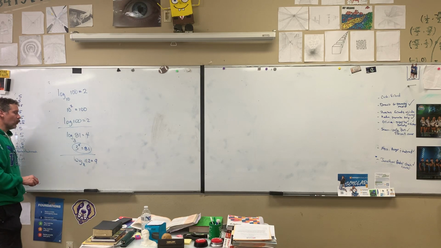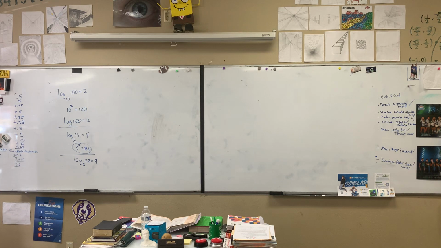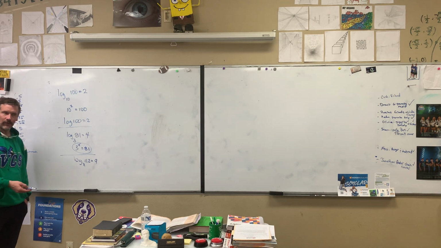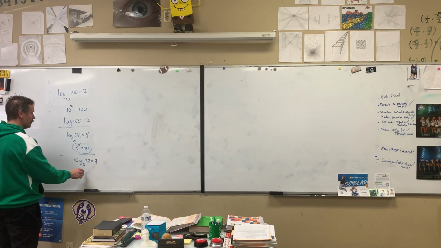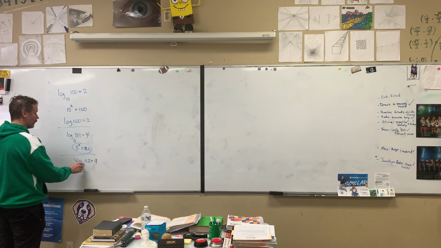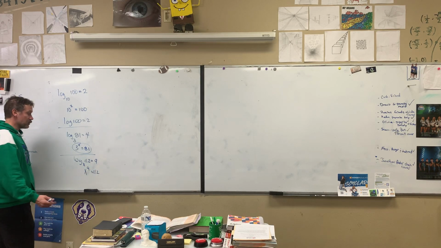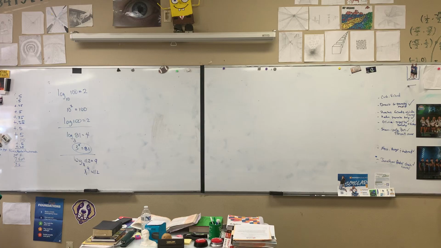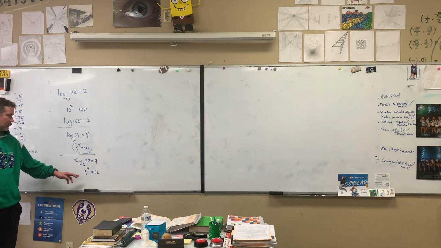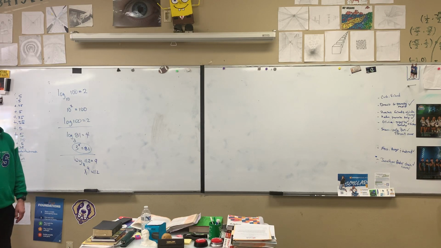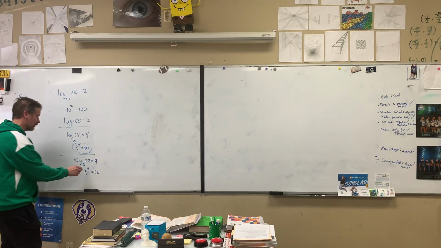So if I said write this in exponential form, we would just use the base: log base x, so you say x to the 9th is equal to 11.2. How do you find x there? 9th root. Yeah, 9th root, or take it to the 1/9.